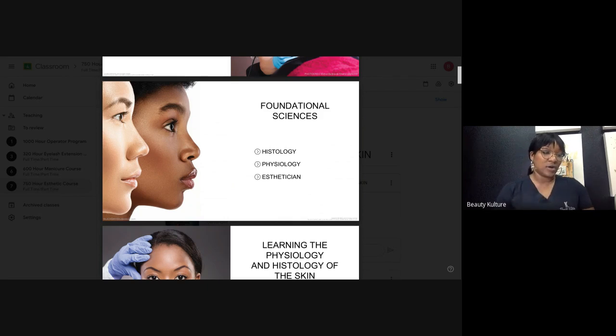Histology basically involves the study of the structure and the composition of the tissue. Okay. As far as physiology, that's basically what the skin physically does. So we're going to be talking about each layer of the skin and how they physically function.